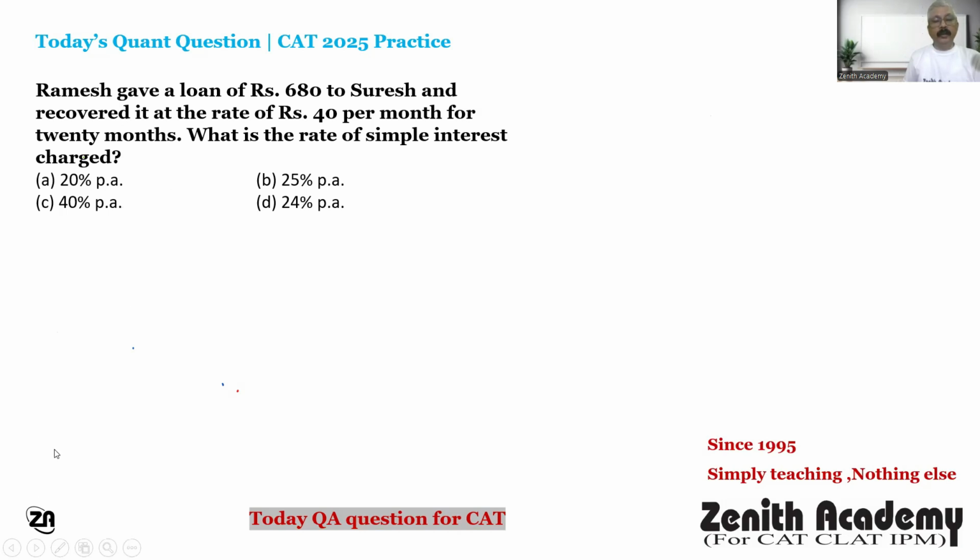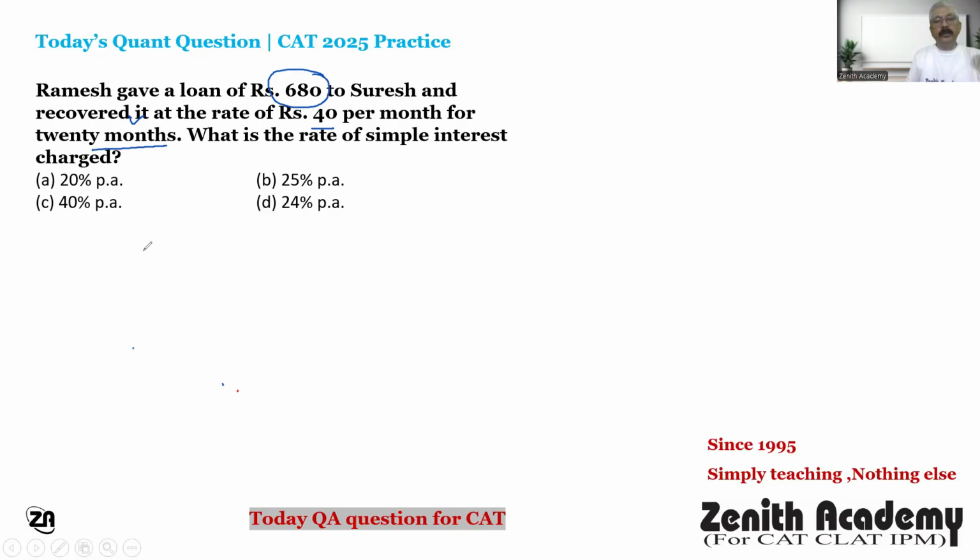Now see the detailed explanation of this question. Ramesh gave a loan of rupees 680 to Suresh and recovered it at the rate of rupees 40 per month for 20 months. So actually this 680 rupees becomes something after 20 months at a rate of simple interest.